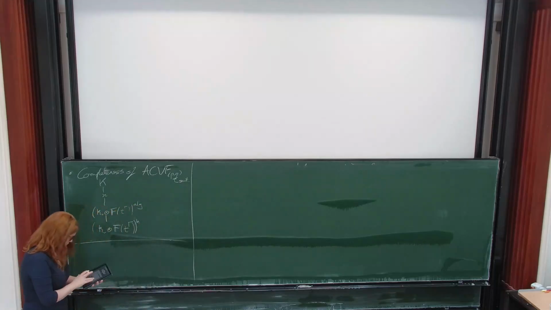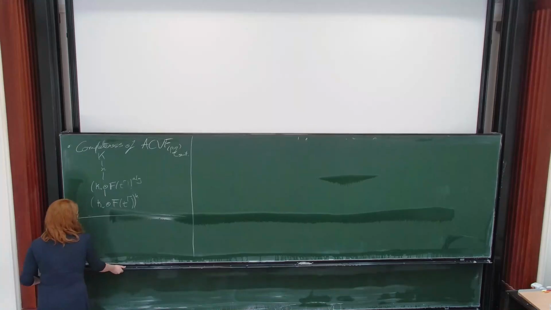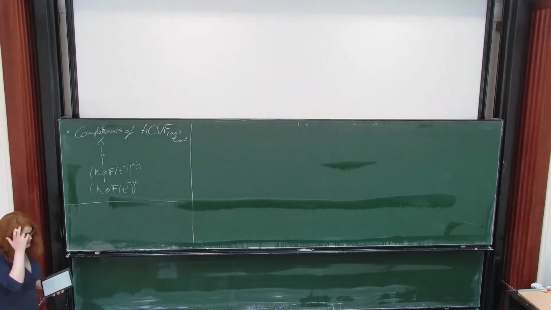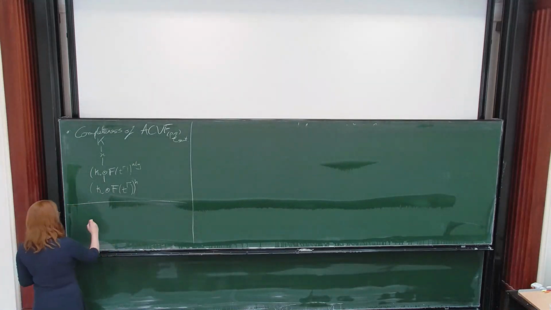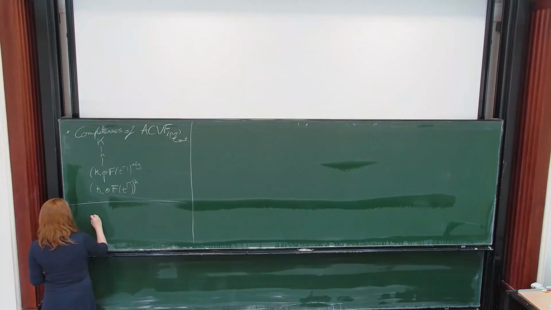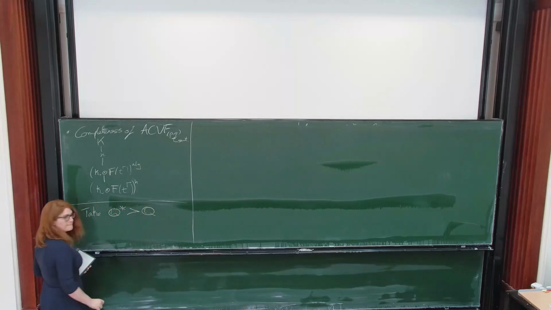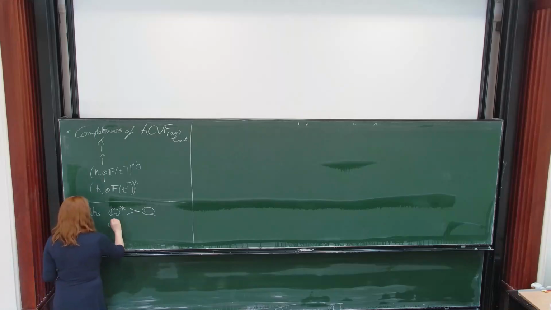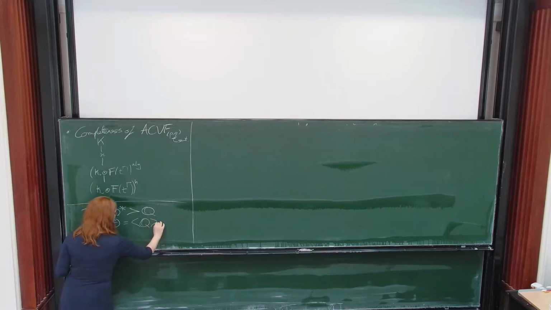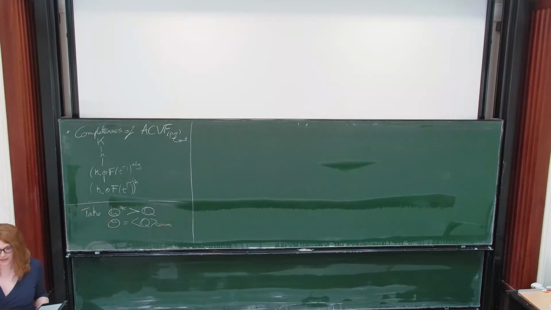Okay. I also have a small puzzle on the theme of something we spoke about before. Take a proper elementary extension Q star of Q. Let O be the convex hull according to the usual ordering, and check that makes sense to you.